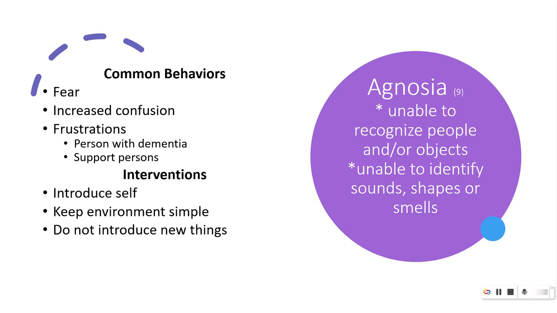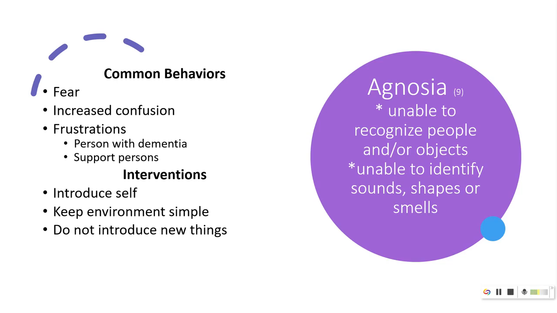Unable to identify sounds. So I'm just going to use a nursing home, for example, back in the early 90s when I was working in a nursing home, we had overhead paging, we had telephones ringing, we had all kinds of noises. And it's very confusing for the person who has dementia to have to listen to all those sounds.